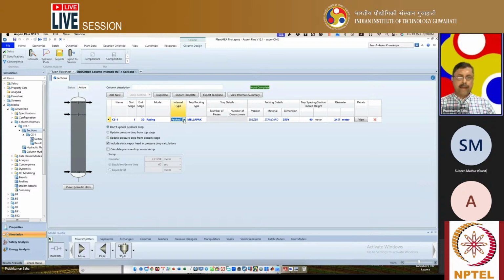I have chosen packed column. The mode will be rating or interactive sizing. I have chosen rating. Then the packing type: Raschig ring or Pall ring or Mellapak or so many things are there. I have chosen Mellapak. These are standard types of packing, and the vendors of the standard packing also can be chosen.